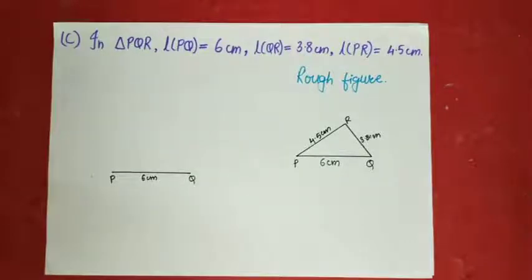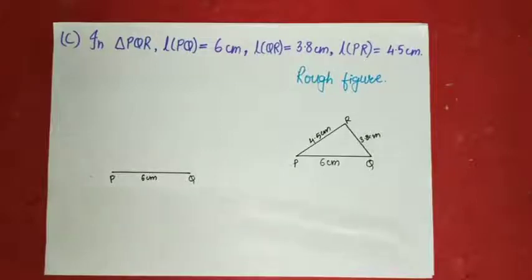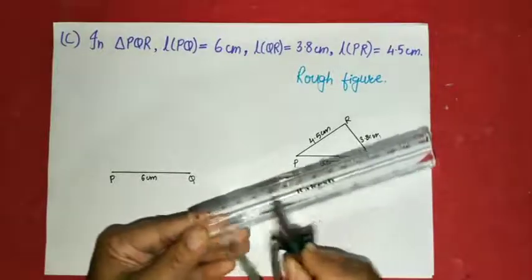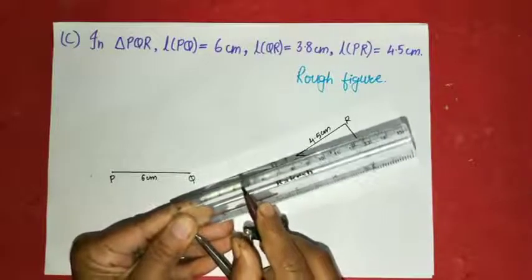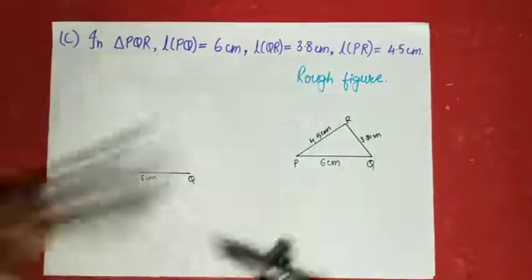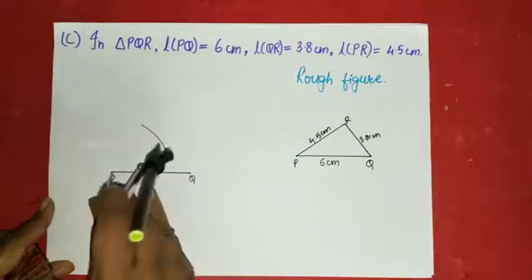Now we have to draw PR of length 4.5 cm. So take a ruler, take a compass, bring the needle end on 0 and pencil end on 4.5. Give the arc like this.